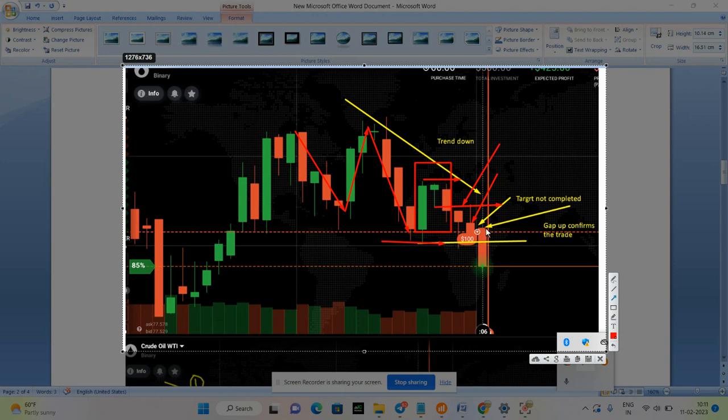Moreover, this last candle opened with a gap up, meaning sellers are trying their best to reach the target. So it was highly confirmed, a highly sure trade. It was highly sure to go with the sellers in that candle.